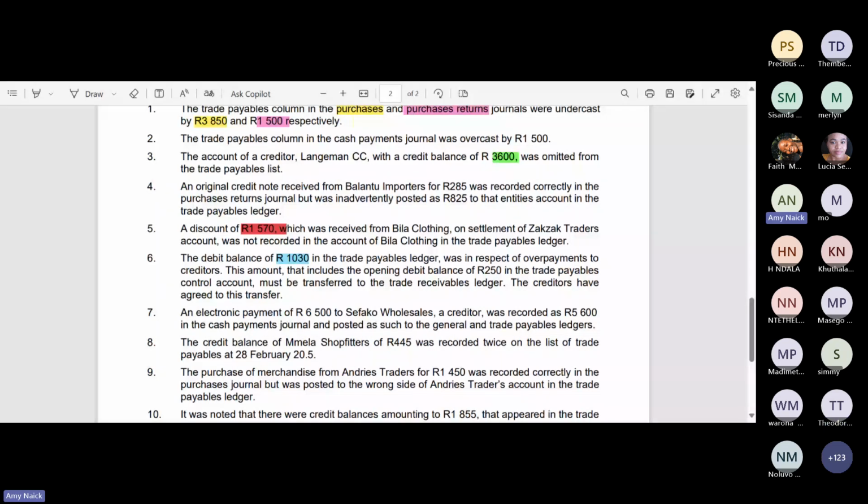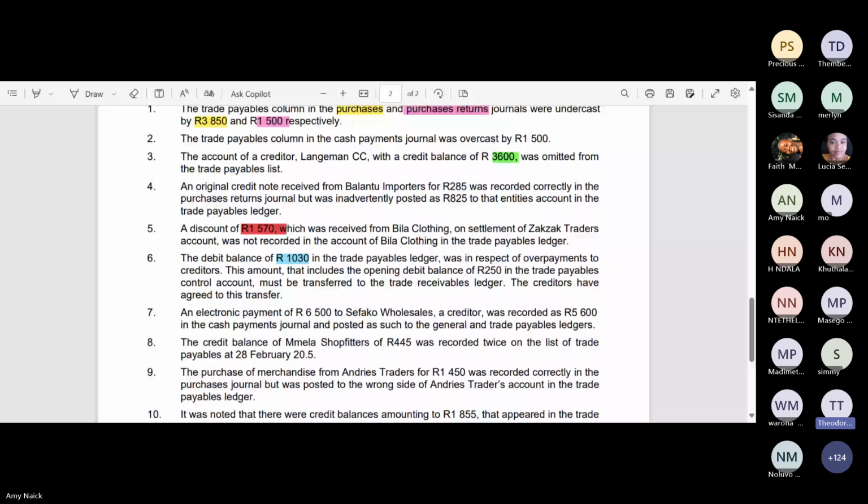I thought you were giving me a statement. Can you hear me now? I can hear you. Yes, you can go ahead. So I owe Edgar's 500 rand. I pay them 600 rand by mistake. Now that means that I no longer owe them. They owe me the difference because I overpaid them with 100 rand.